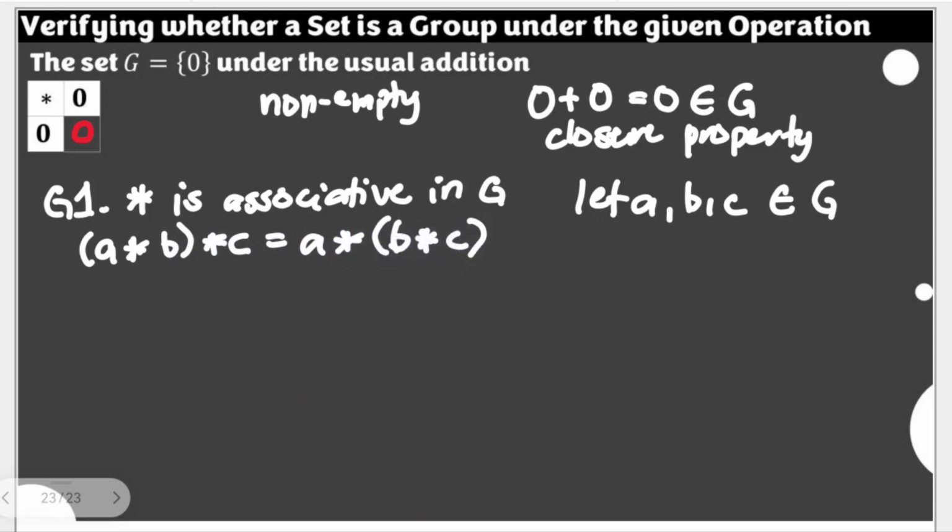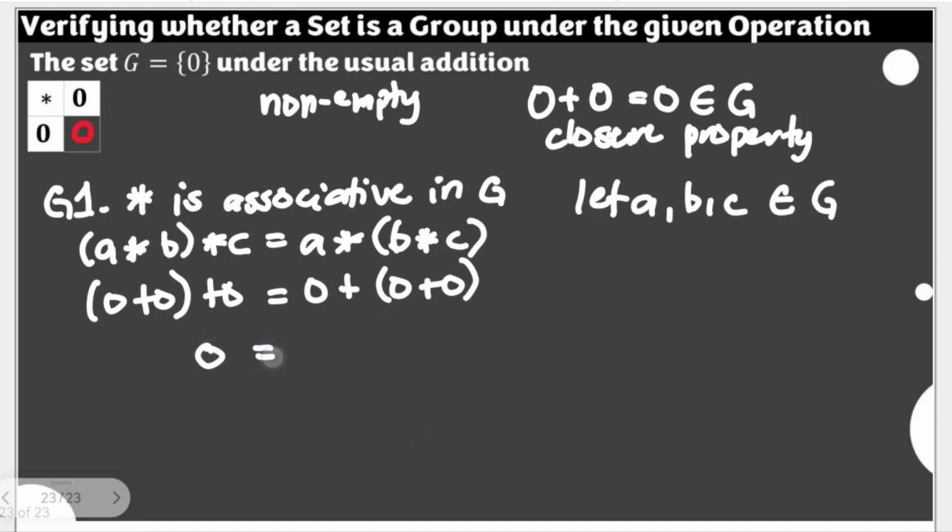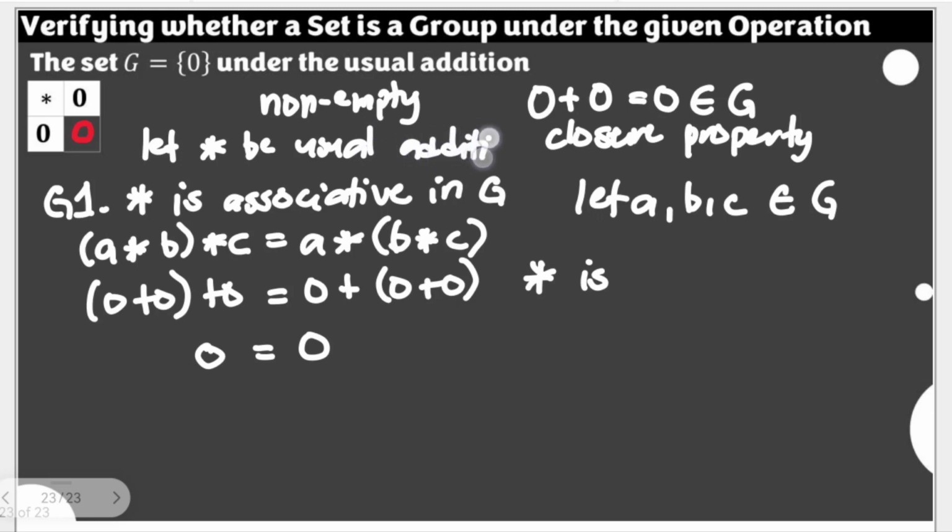So if we have 0, usual addition, that's what it meant. So we have 0 plus 0 plus 0. On the other side, 0 plus the group of 0 and 0. Both sides will contain 0, and hence we can establish that the operation, the usual addition, I forgot to mention, let star be usual addition, so that we can use the symbol star as we go through.